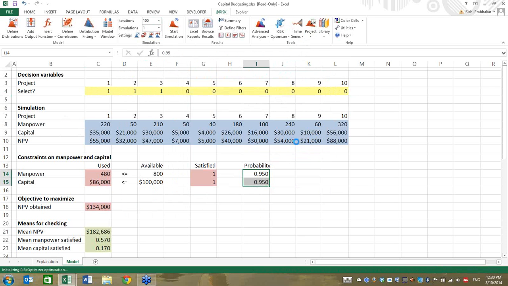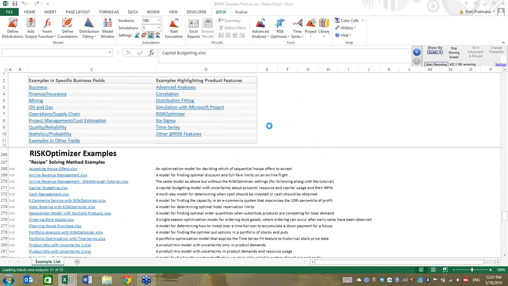So now I go to start my optimization. You can see our screen flicking around a little bit. My apologies for that.